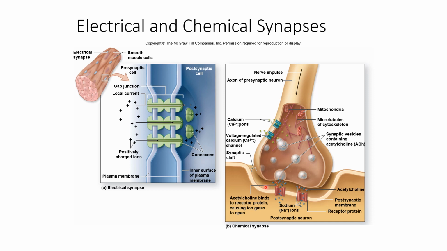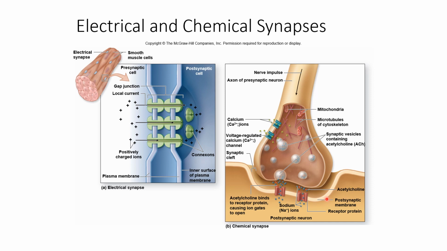Once the neurotransmitter is released in the synaptic cleft, it is usually going to bind to some special receptors found on the surface of the postsynaptic neuron, or the postsynaptic membrane.